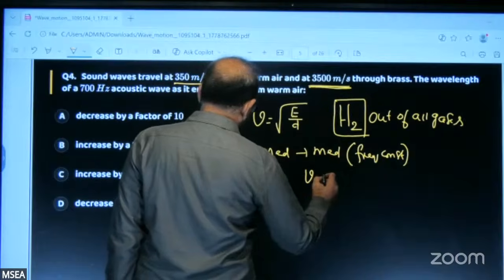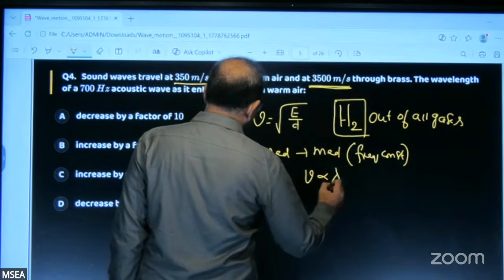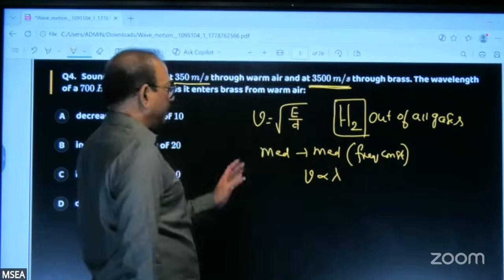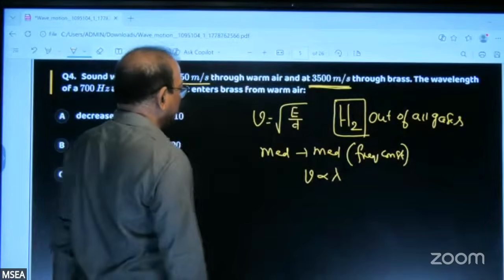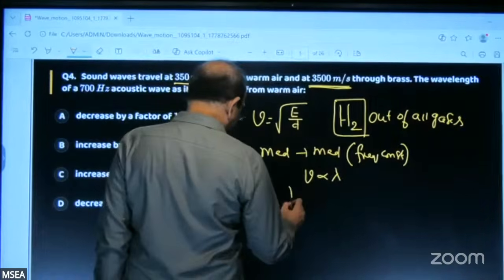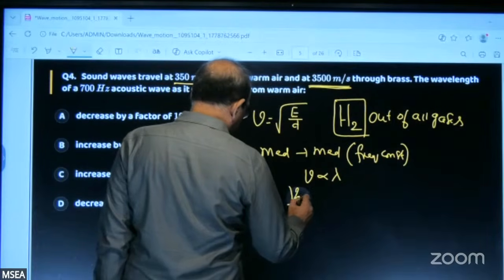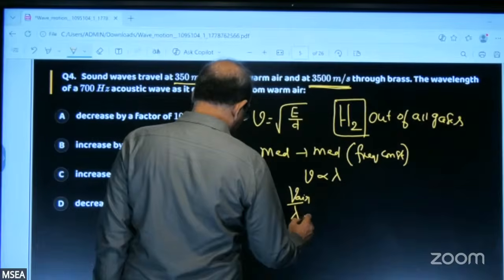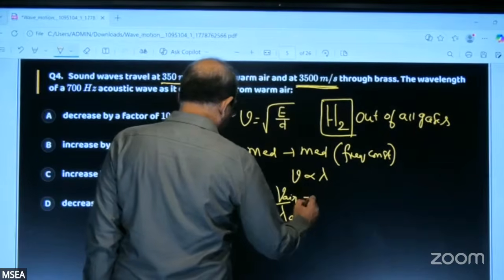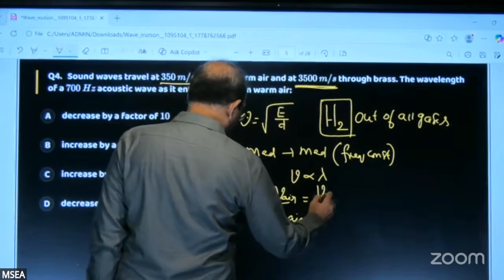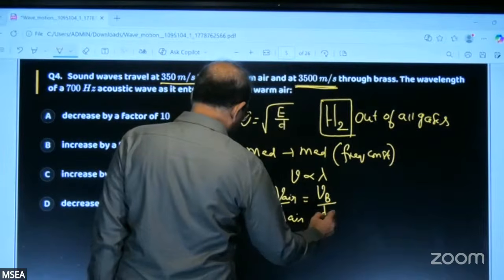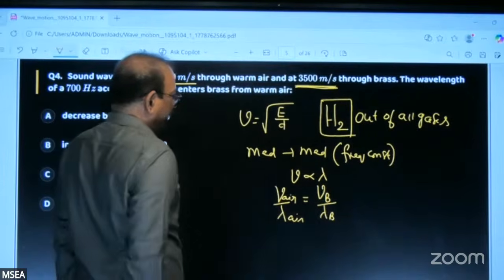If velocity decreases, wavelength also decreases. V is proportional to lambda, frequency constant. So I'm writing frequency is V by lambda: velocity in air by wavelength in air is equal to velocity of sound in brass by wavelength in brass.